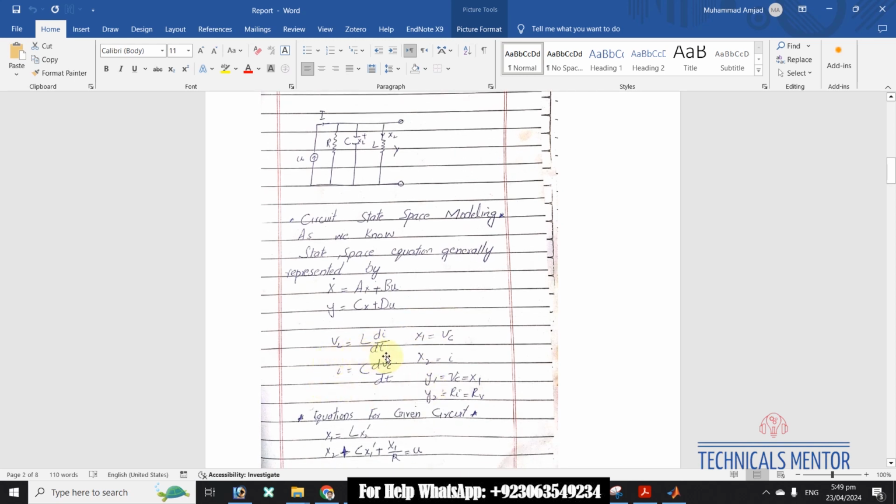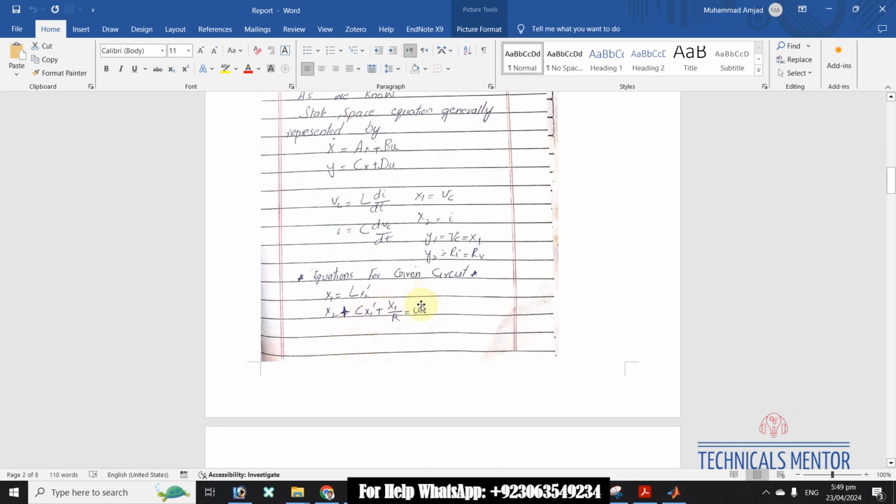VL is equal to L di over dt, x1 is equal to Vc, I is equal to C dVc over dt, x2 is equal to I, y1 is equal to Vc is equal to x1, y2 is equal to Ri, which is equal to RI.